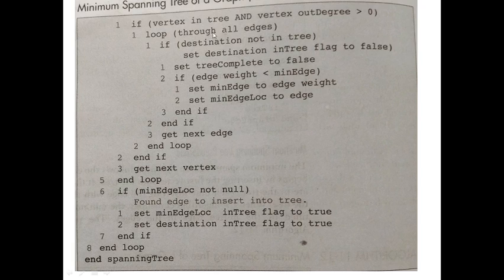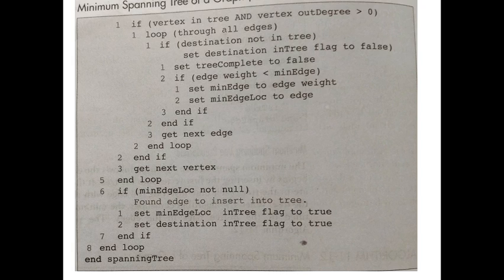If so, you go into the next loop through all edges which are adjacent to the chosen vertex, and if that particular vertex is not already in the tree, which is the minimum spanning tree, then it's a potential candidate, because you need to choose new vertices which are not already part of the tree.